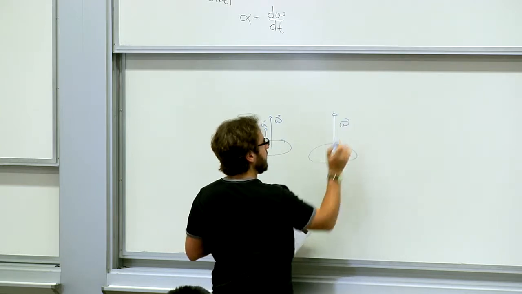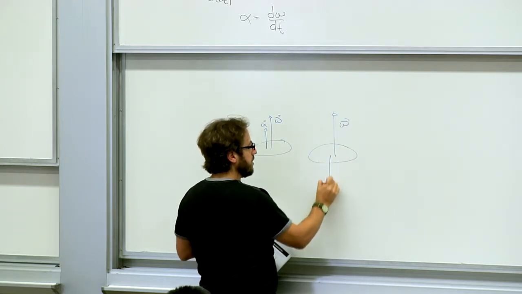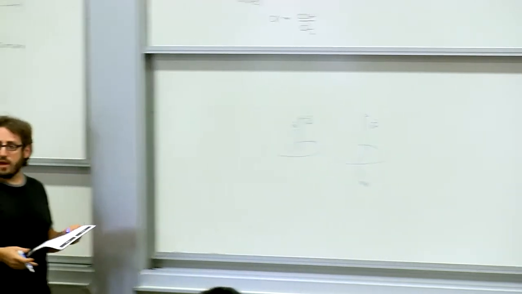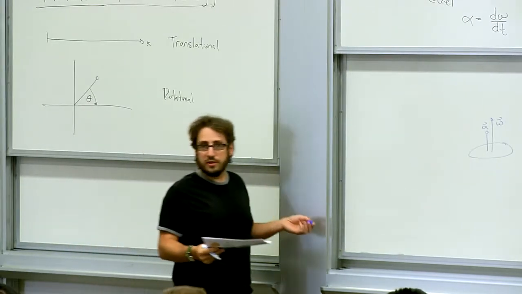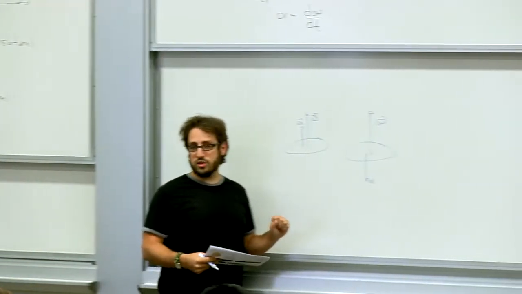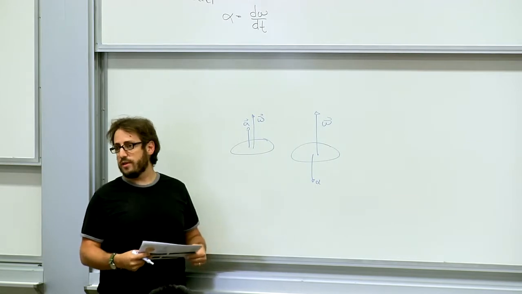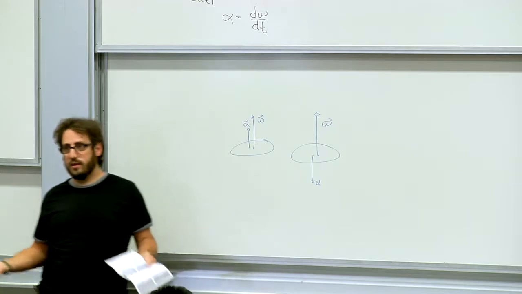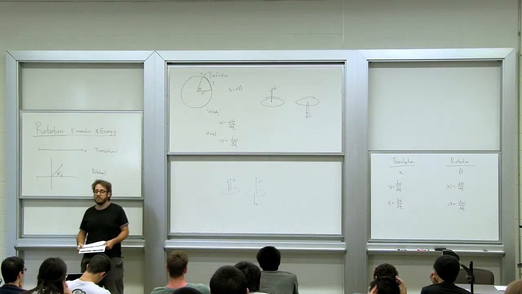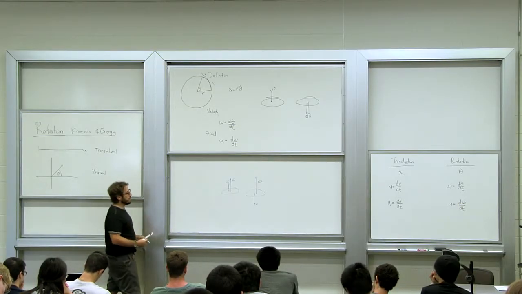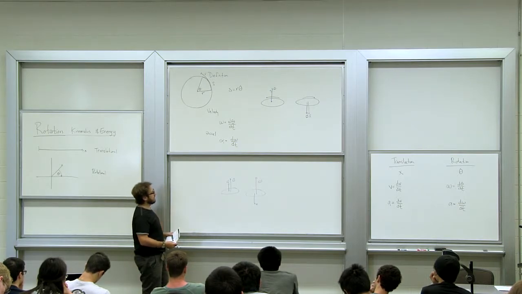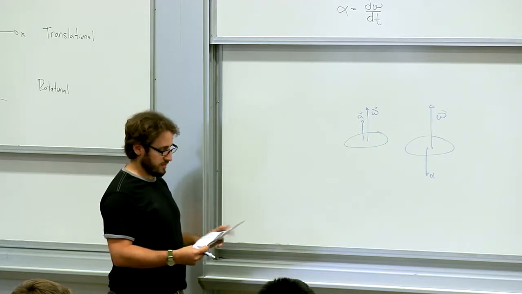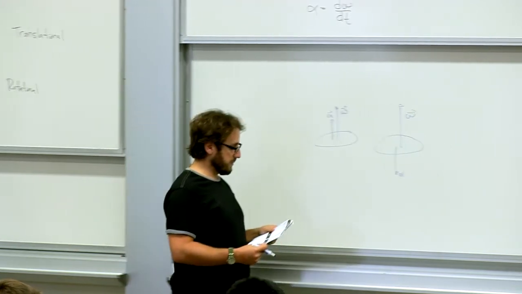If you have positive angular velocity, but alpha points in the other direction, then the velocity is decreasing, right? And eventually velocity will go to zero. So just like in translational motion, if velocity and acceleration are pointing in the same direction, the magnitude of velocity is going to increase. If they're pointing in opposite directions, the magnitude of velocity will decrease until it gets to zero. And then the magnitude will increase again as the velocity gets negative. Okay, so you can use your intuition about the angular velocity and angular acceleration vectors like you used to use.